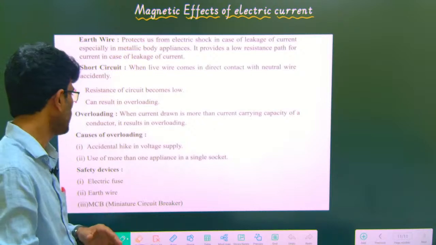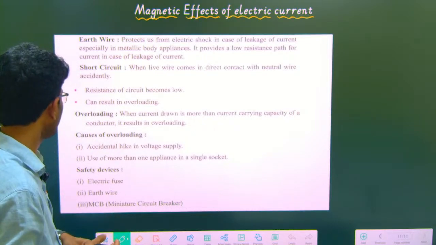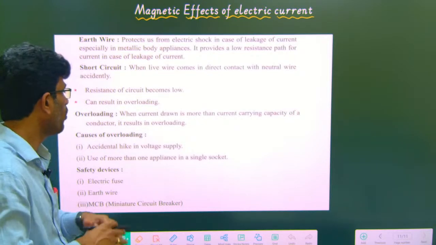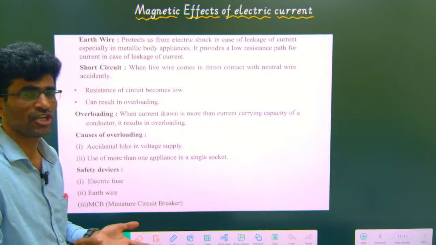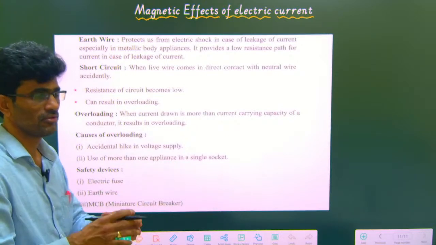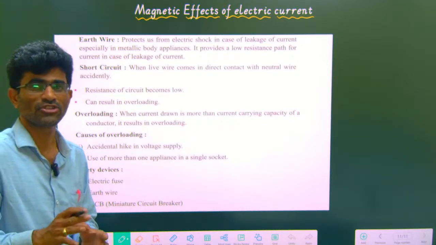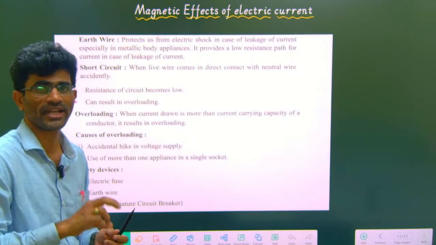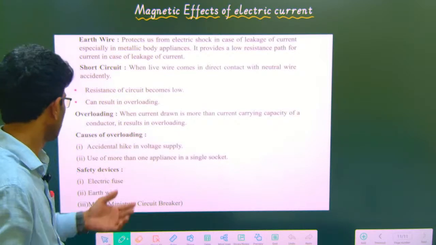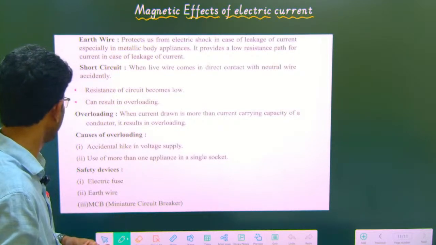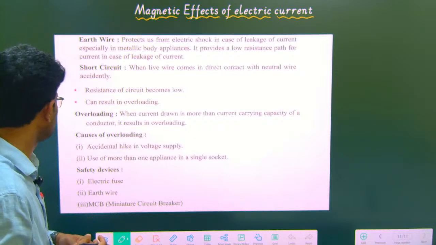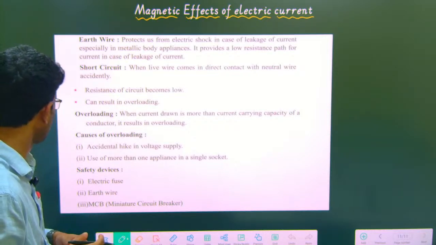If it is more than that, overloading may happen. Or if more devices are used in a single socket. In that socket, if many devices are connected at a time, there may be overloading again. The current utilization will be more at a single point, so overloading may be caused.